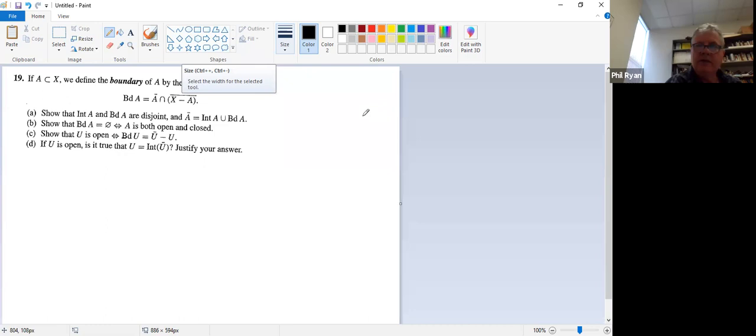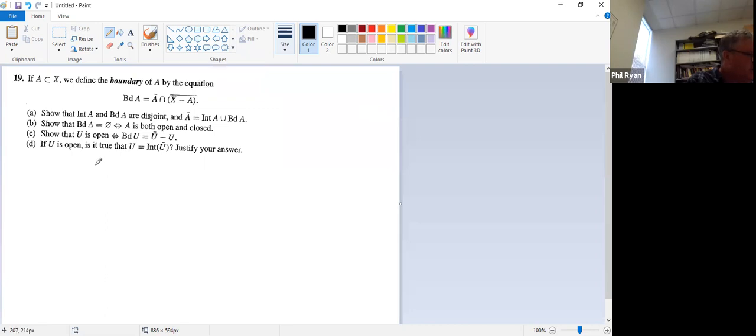Okay, this is probably the longest problem of the assignment because it had 4 little parts. So let's do part A. We've got to show that it's disjoint.